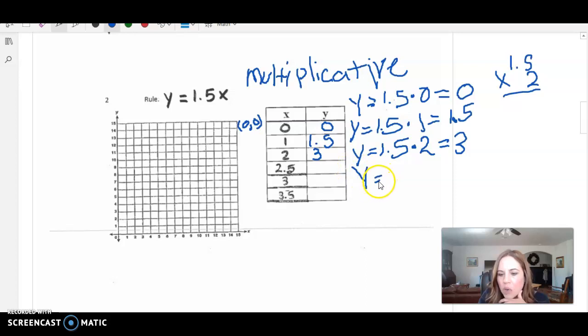What if x is 2.5? 1.5 times 2.5. What would y be?